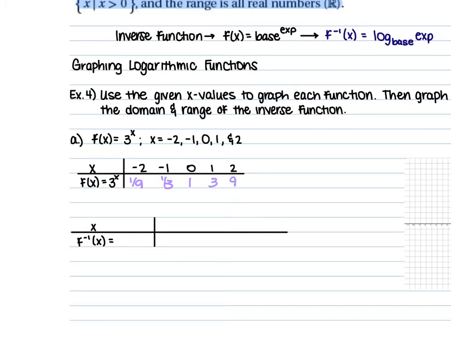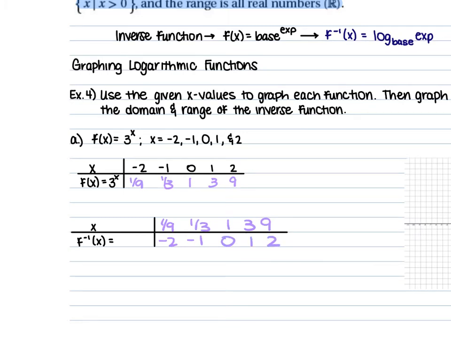So taking the inverse of these, we're just switching them. Our x values are going to be 1/9, 1/3, 1, 3, and 9. Our y values are going to be negative 2, negative 1, 0, 1, and 2.